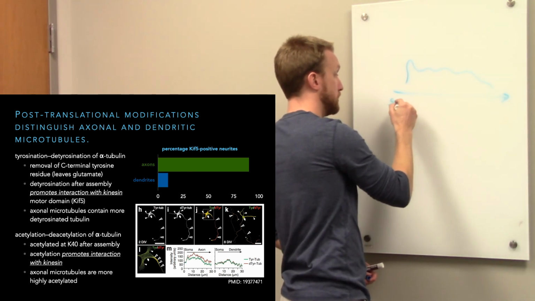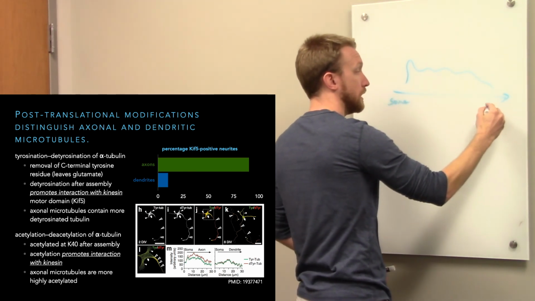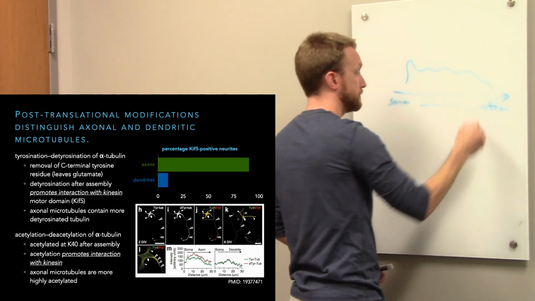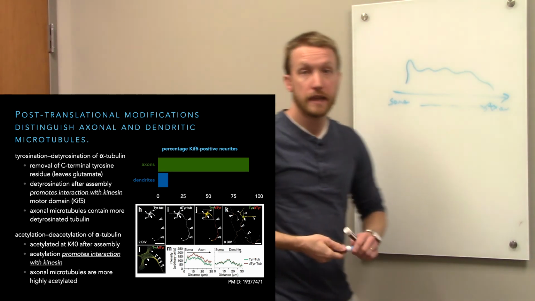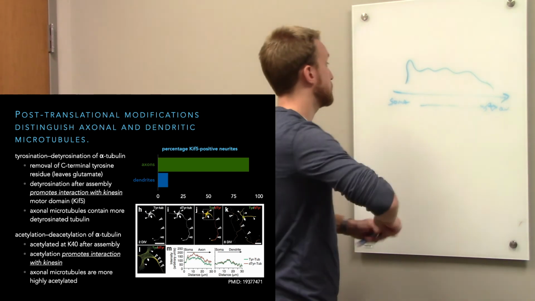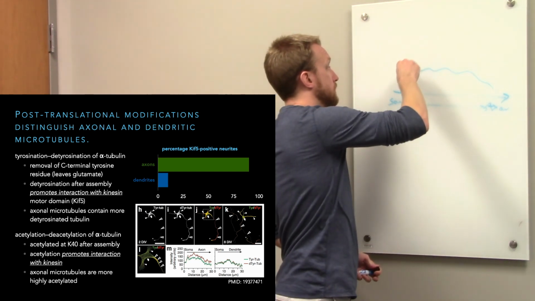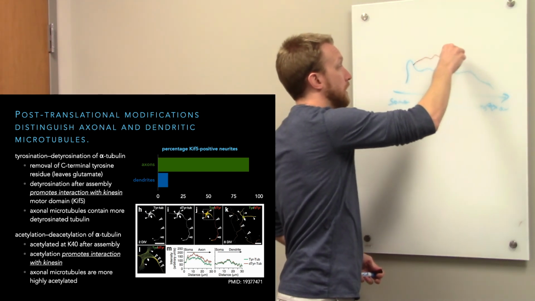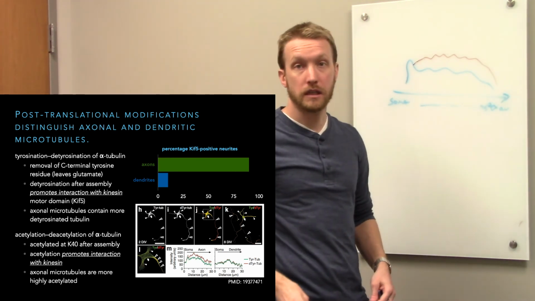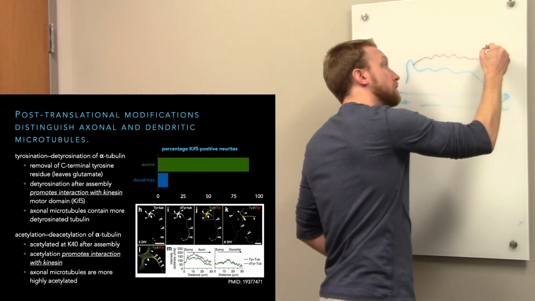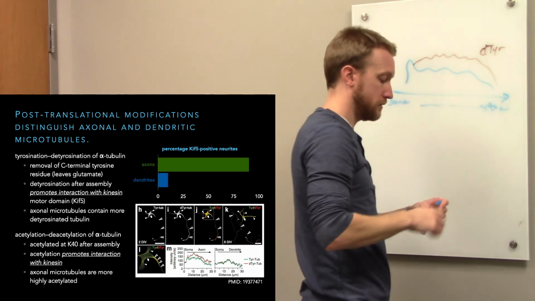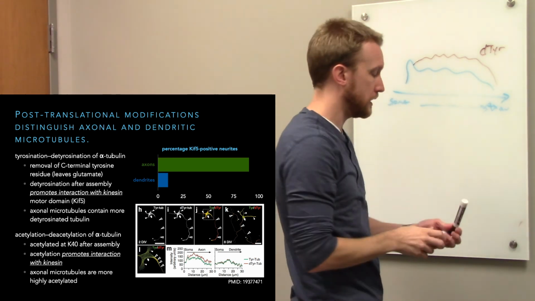This will be at the soma, and this is down the axon there. In the axon, once you exit the soma, you'll see that there's an increase in the amount of detyrosinated tubulin compared to your run-of-the-mill tyrosinated tubulin.